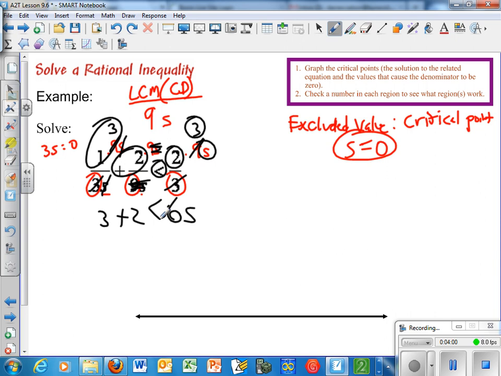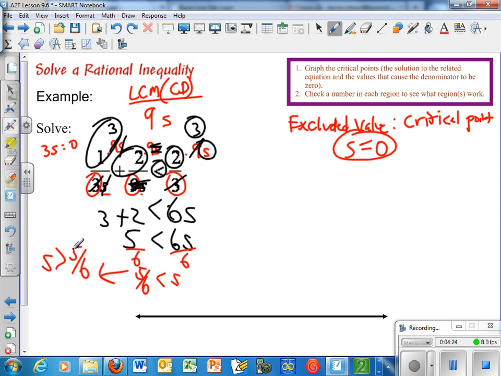It's less than. So I have 3 plus 2 are like terms. That's 5 is less than 6s. Well, I'm going to divide by 6. So 5/6 is less than s. Or that also means s is bigger than 5/6. Either one of these, the variable on either side, but s is bigger than 5/6.